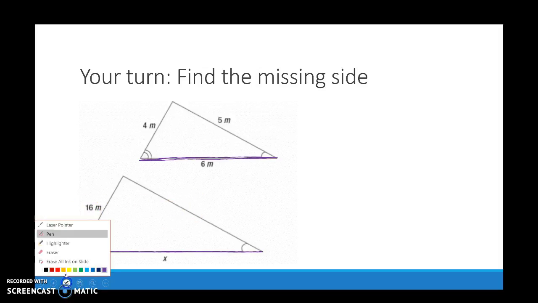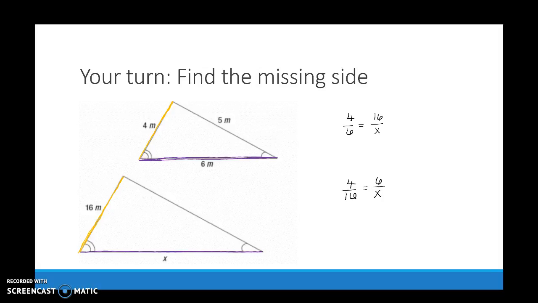So we can't use our 5. That's extra information. We cannot use that because we don't have the measurement of the corresponding side. All right, so we're going to use this side on the left. So go ahead and set up your proportion and solve it.